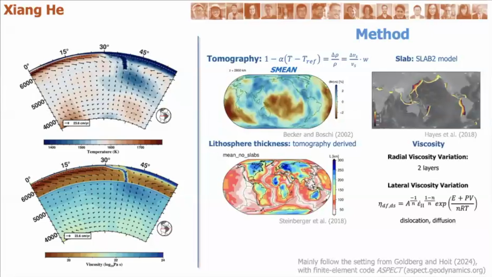Actually, we need a very strong lithosphere, but since we already implement the lateral viscosity variation, using a composite rheology of dislocation and diffusion creep, and the lithosphere is quite cold compared to other ambient mantle, the viscosity is still pretty strong. And we can do other modifications if we need.